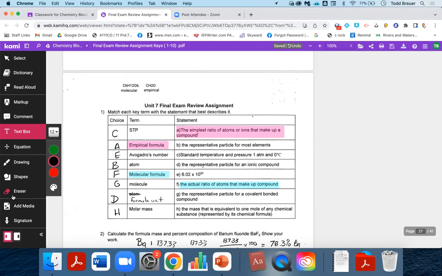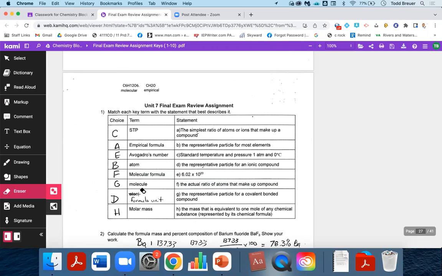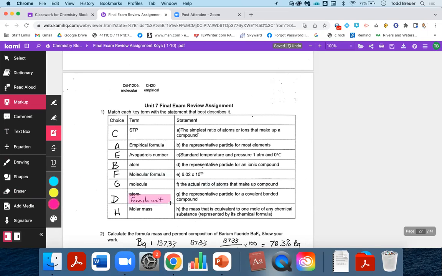So quick reminder about a few items that will relate to ideas. I did notice this item right here where it says formula unit. The word atom appeared on here twice. The intention was to make certain that we understand there's a particle for ionic compounds, and that particle is never called molecules.